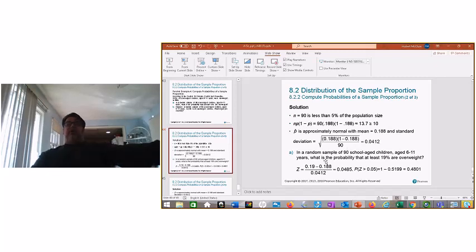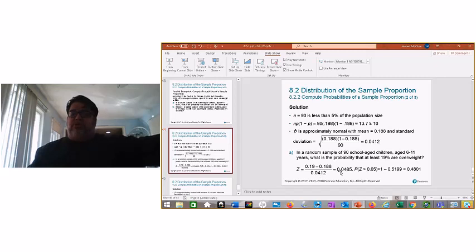Same thing. Now, they did add a second part, and that's where you take 19 minus 18, and you put it over that 0.0412, because that's your standard deviation. So you need to make a note right here. This is x minus x bar over your standard deviation.